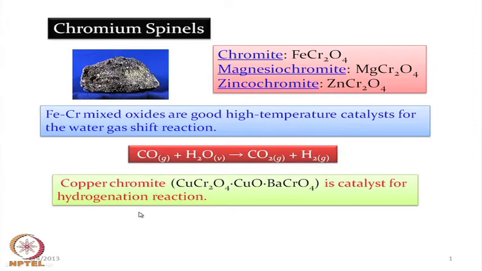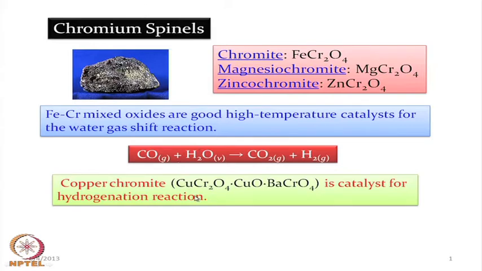So, there are some more of these types of spinel molecules which are available for such hydrogenation reactions, including hydrogenation reactions followed by ring opening reactions. And such reactions are very much useful in organic synthesis, and people are still working to develop newer and newer types of such catalysts based on these spinel structures.